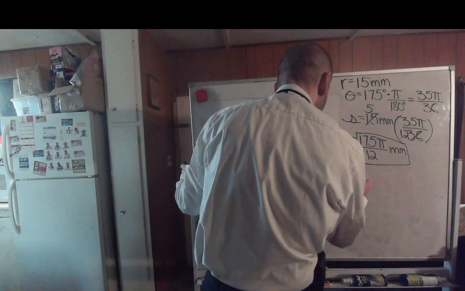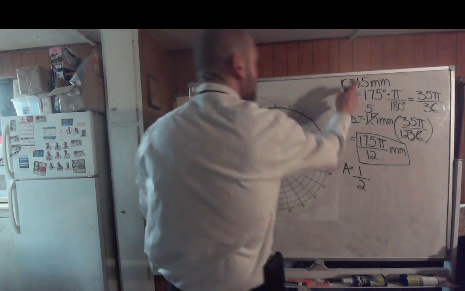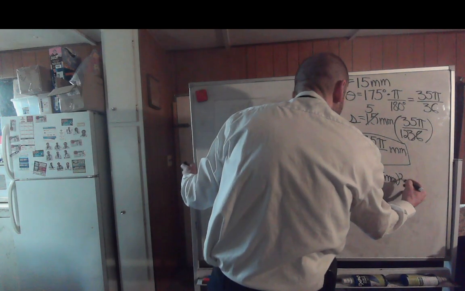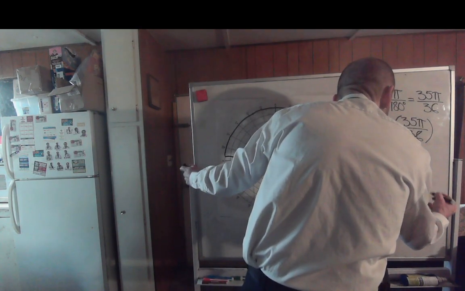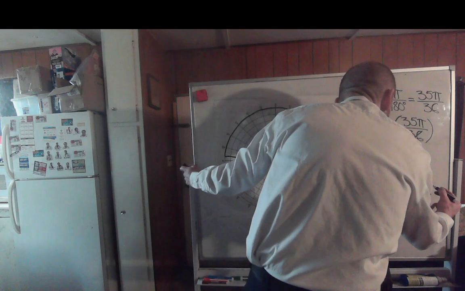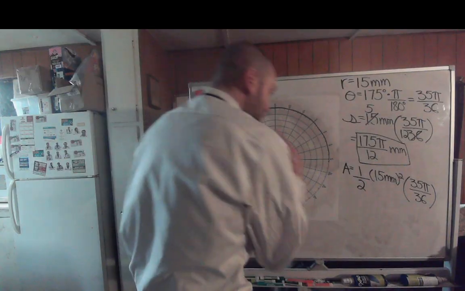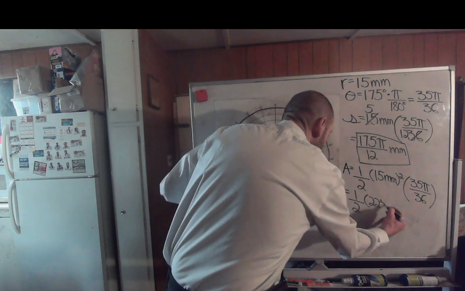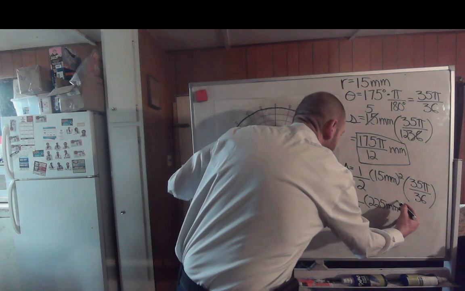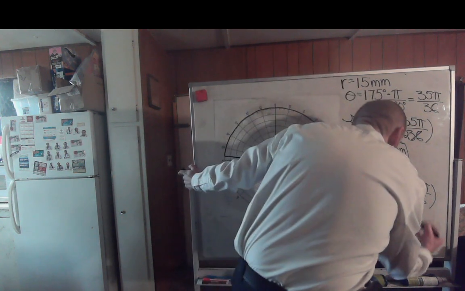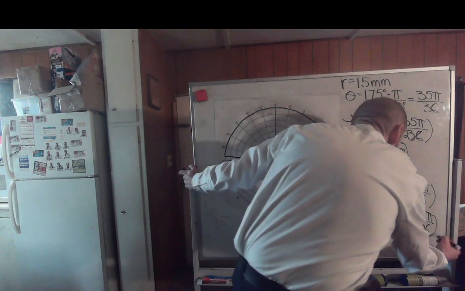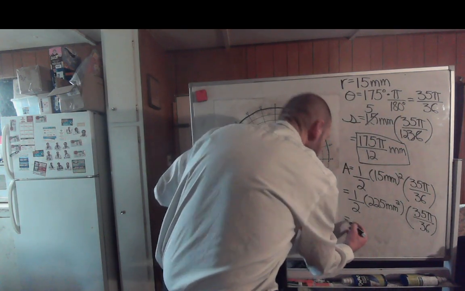So that's going to equal 1/2 of that radius of 15 millimeters raised to the second power times my theta of 35 pi over 36, which is going to be 1/2 of 225 millimeters squared times 35 pi over 36, which this is going to be rather hideous.